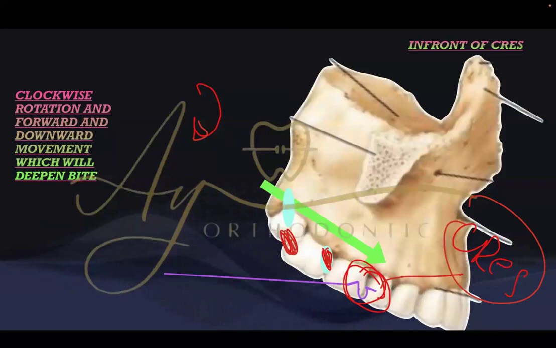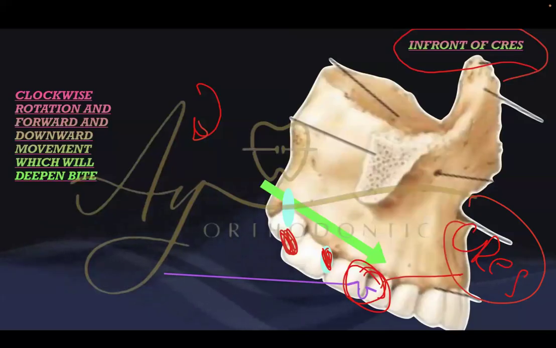But is it okay to put it in front of the center of resistance? Yes. One of the rules to use the face mask, as I mentioned earlier, is that I should have what? A deep bite, right? Because the effect will be proclination of the upper labial segment, leading to shallowing the bite. If I have a shallow bite case, should I leave it without any kind of treatment? No. I can use the face mask.